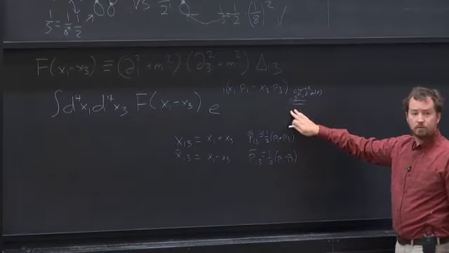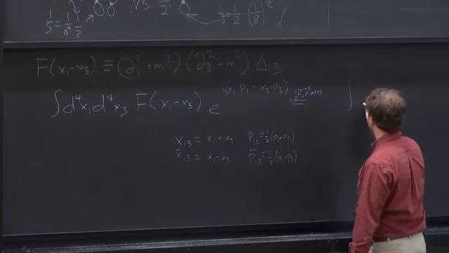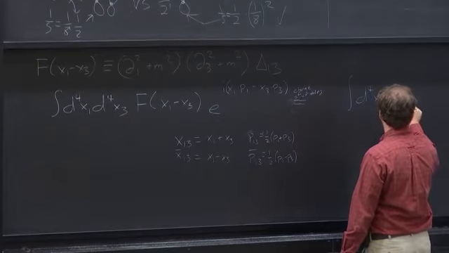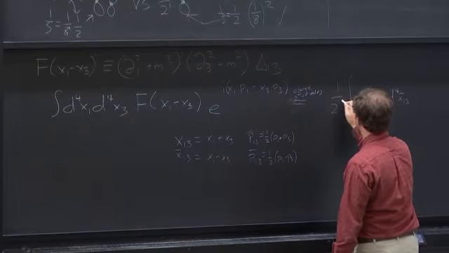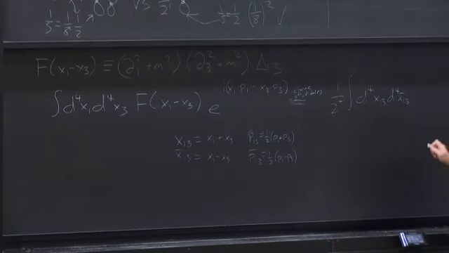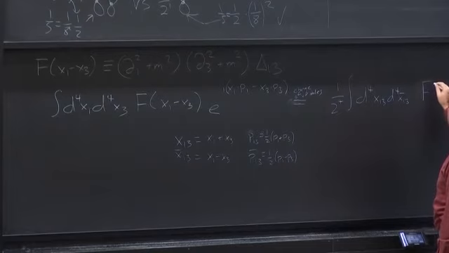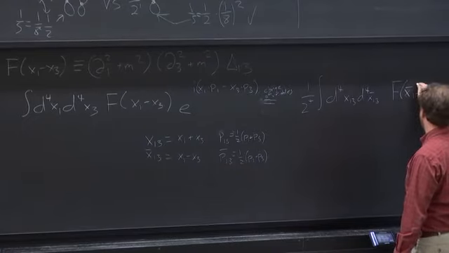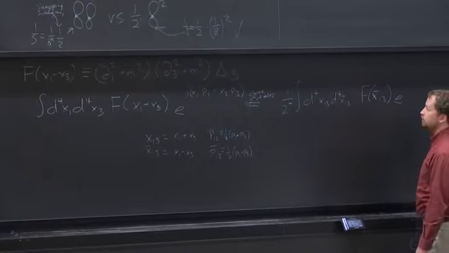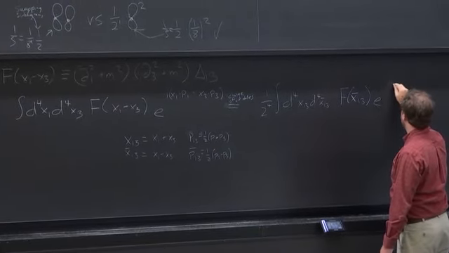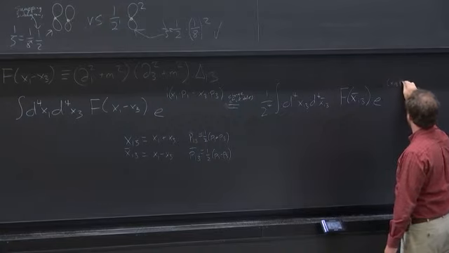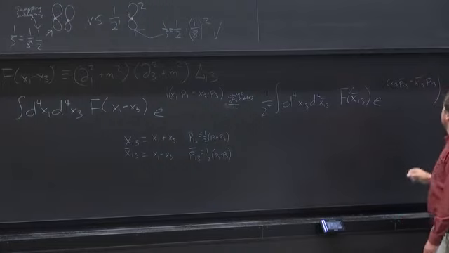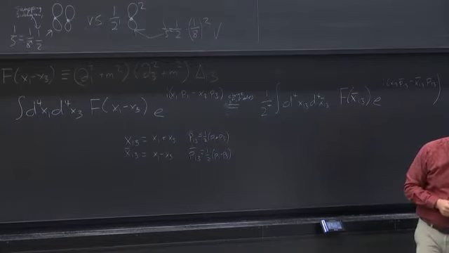And after this change of variables, I get the integral d4 x13 d4 x bar, 1 over 2 to the 4 from a Jacobian, and then I get f of x13 and exponential of i x13 times p13 bar minus x13 bar times p13 plus.